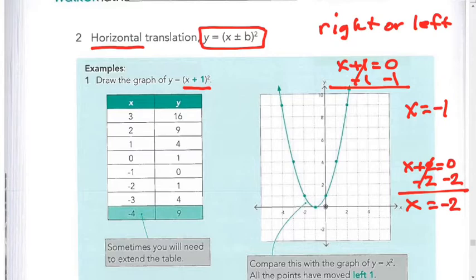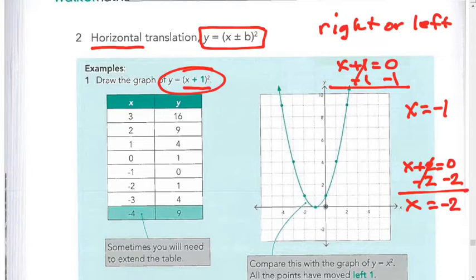And so that means you're going to have to work on your translations a bit, so you'll know that that goes either to the left or to the right. And it's the opposite of the way the sign looks. So here we go, we have our chart. It's x plus 1 squared.